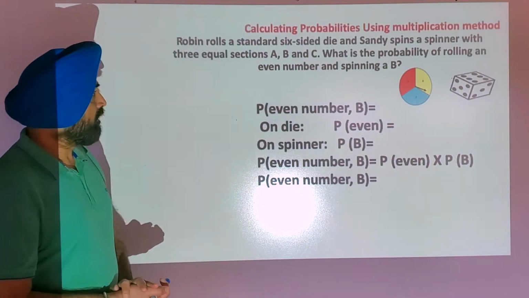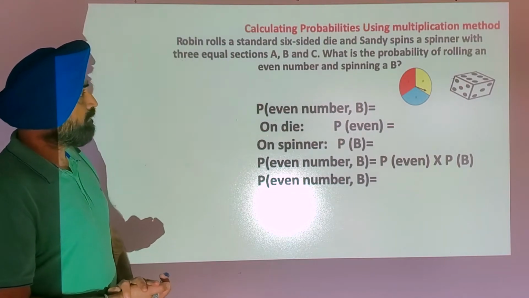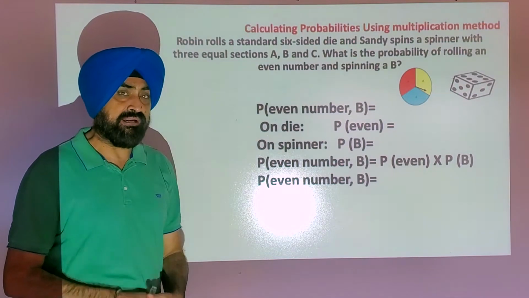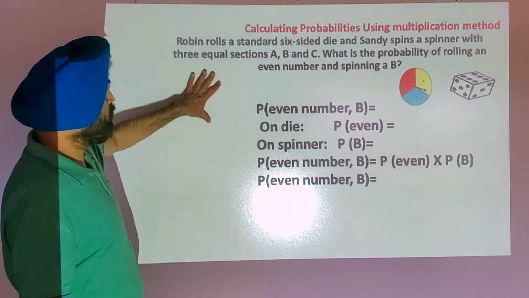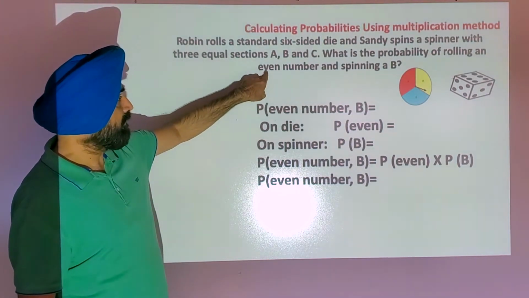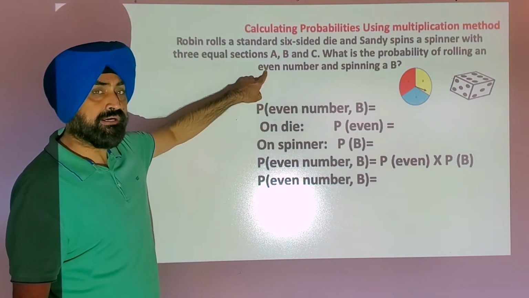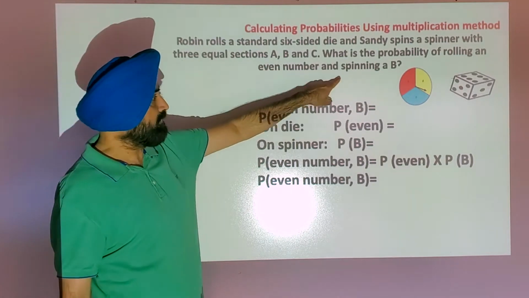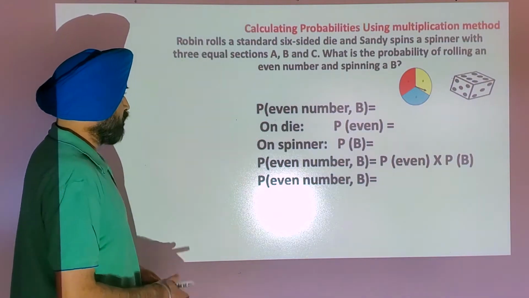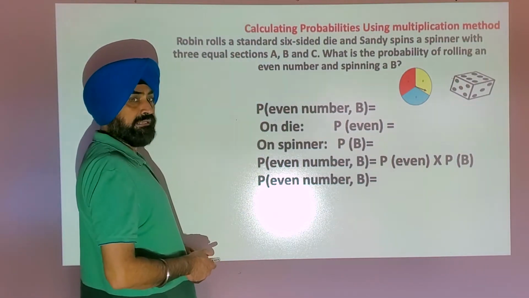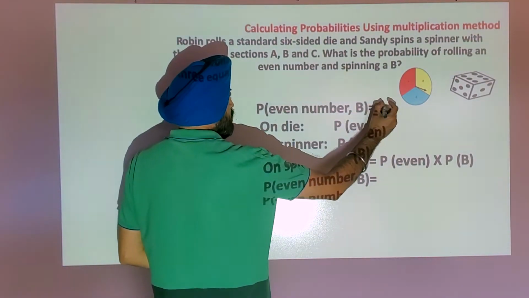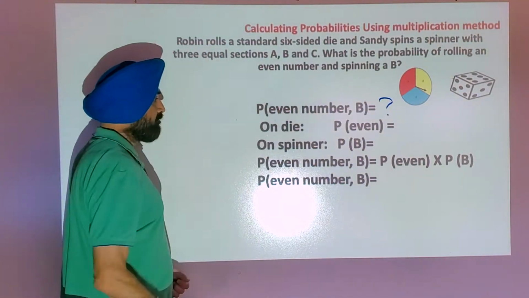And then Sandy spins a spinner which is equally divided into three parts, A, B, and C. What we have to do is find the probability that an even number comes when we roll the die, and B comes when we spin the spinner. So this we have to find.